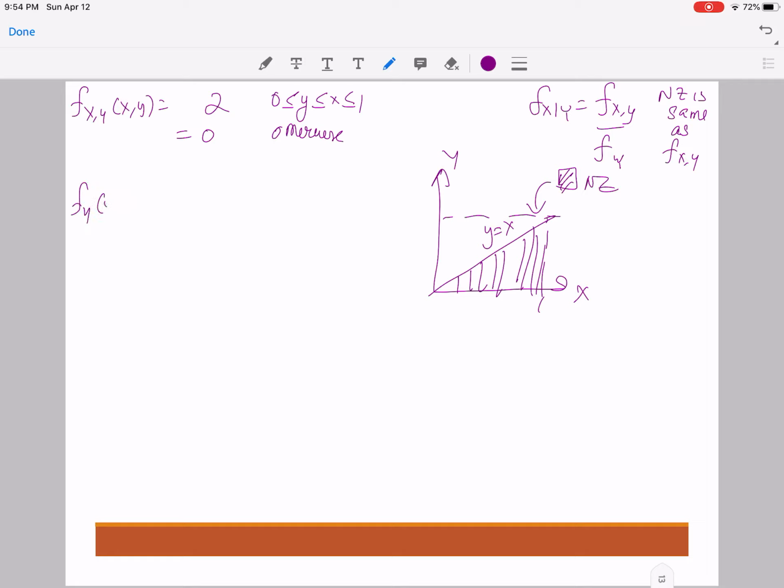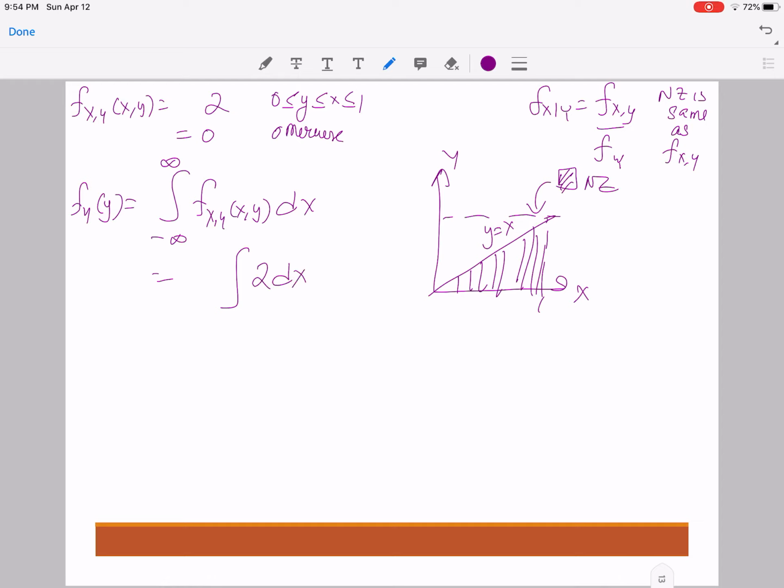First, I need to find the marginal PDF of y, which is typically obtained by integrating the joint PDF with respect to the other random variable x from negative infinity to infinity. But in this case, because I have a non-zero probability region that does not span over negative infinity to infinity, I need to ask myself, for any y, how does x vary?